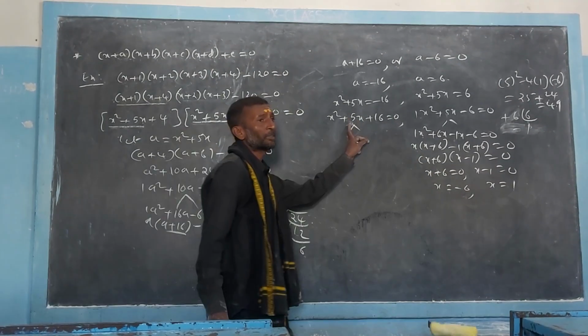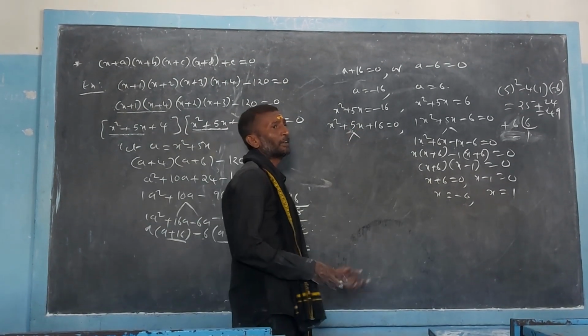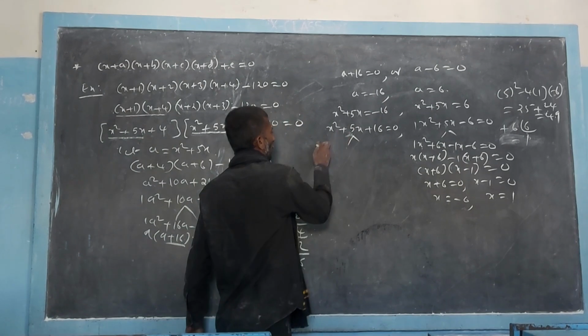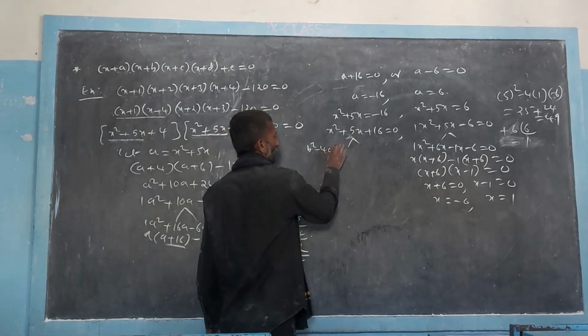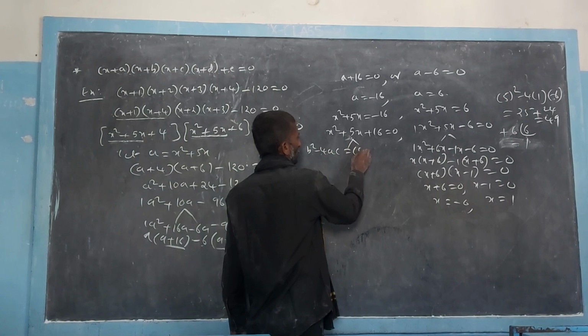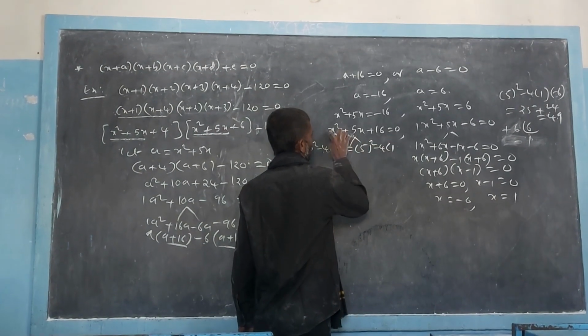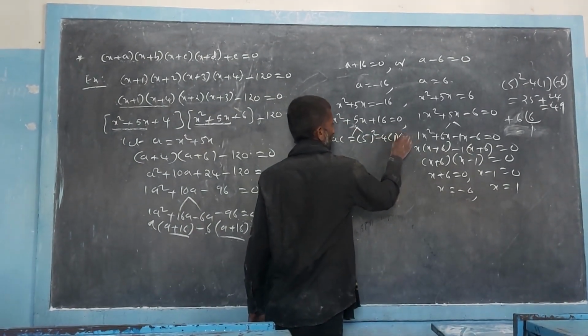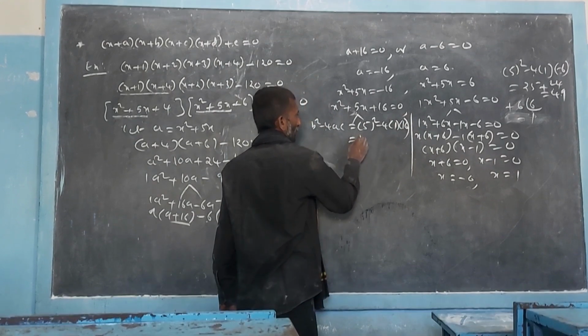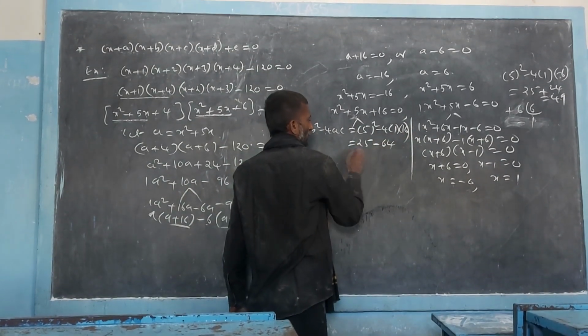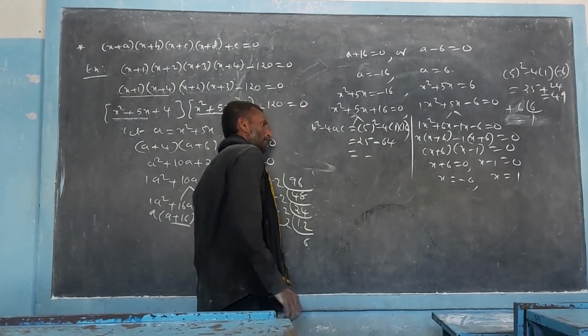So then how to solve this equation? We will go to the formula method. And before that, I want to know the value of this term. That is 5 square minus 4 into 1 into 16, which is 64. So we get finally 25 minus 64, that is minus 39.